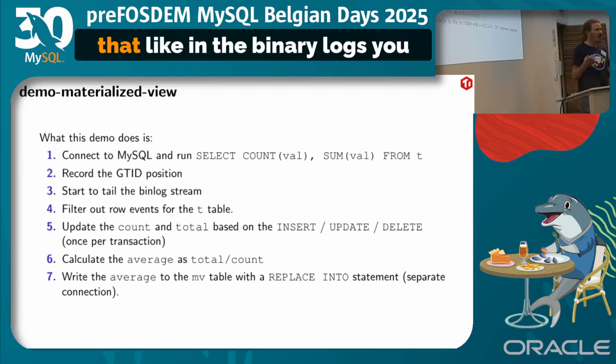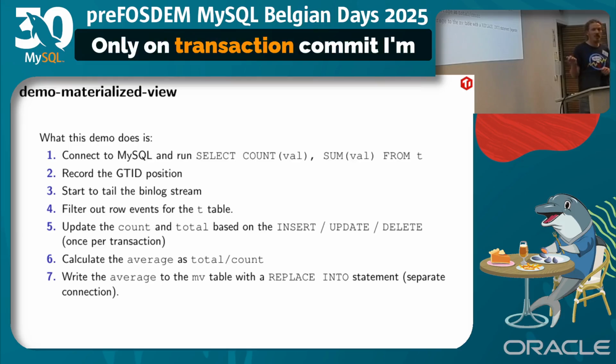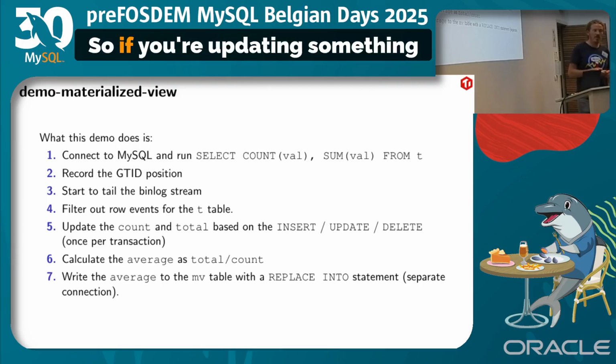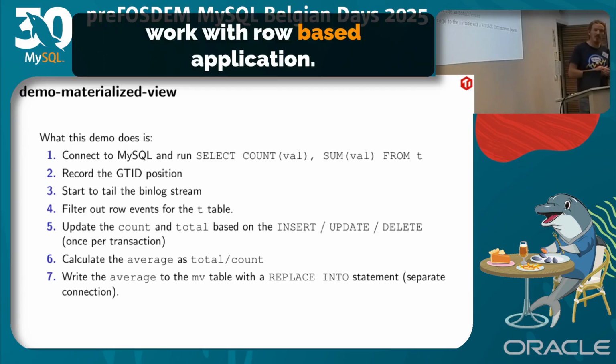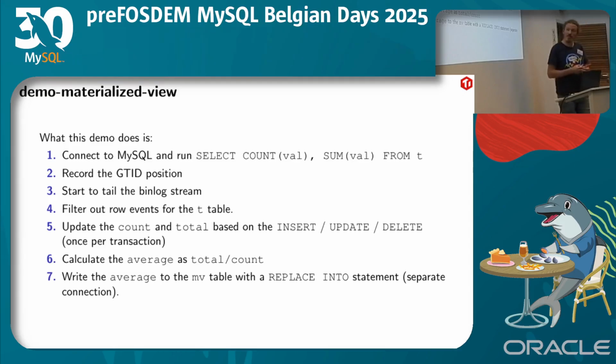So one of the other things is that in the binary logs, you get all the updates for every table, but you also get a marker when the transaction is committed. And only on transaction commit, I'm here updating the materialized view table. So if you're updating something with a join, that should also work with row-based replication. This doesn't work with non-row-based, of course.